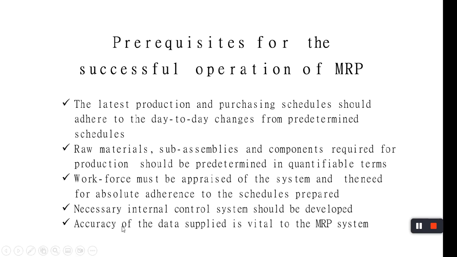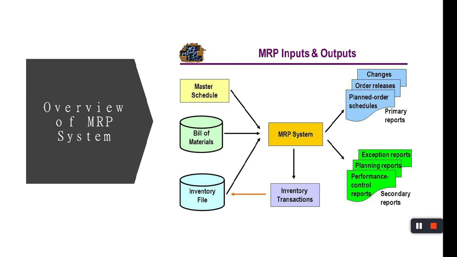And then accuracy of data supplied is vital to the MRP system. The MRP system captures all the inventory transactions. So for example, every time a raw material is released into production, it also affects the inventory file.